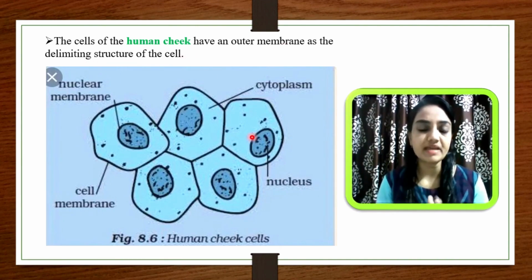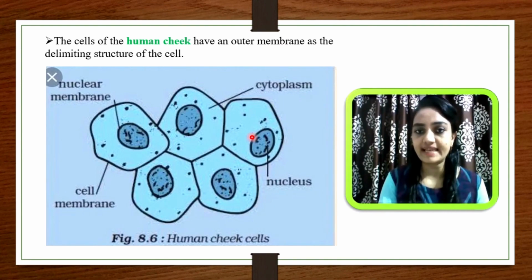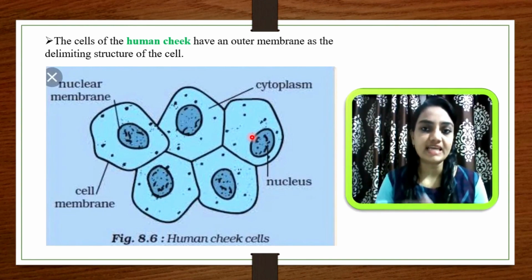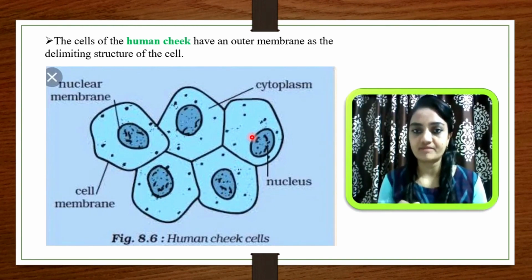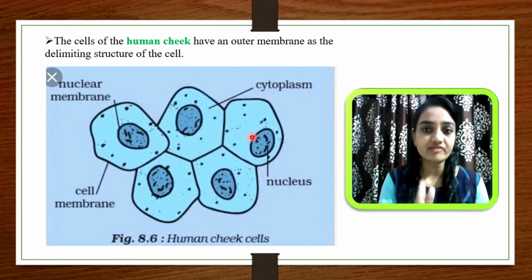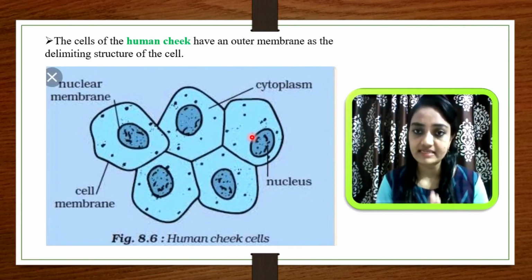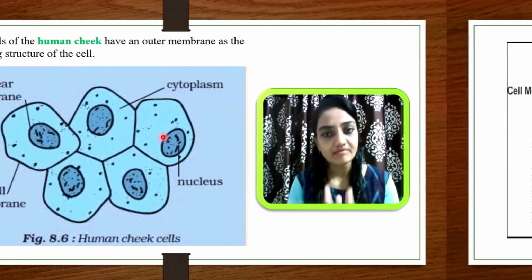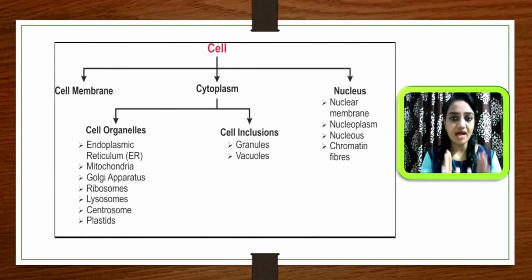This is the main difference between a plant cell and an animal cell. In a plant cell the outer boundary is the cell wall, but in any animal cell it will be the cell membrane.